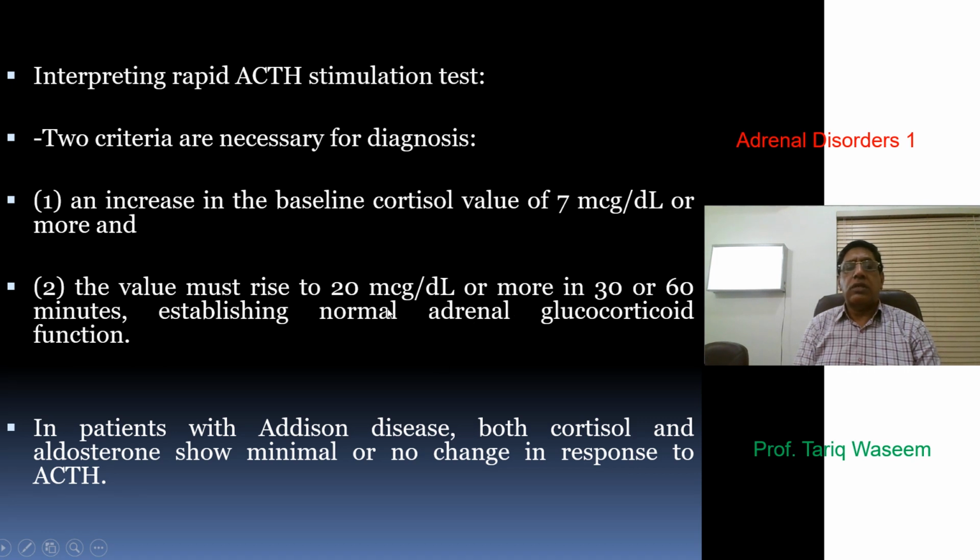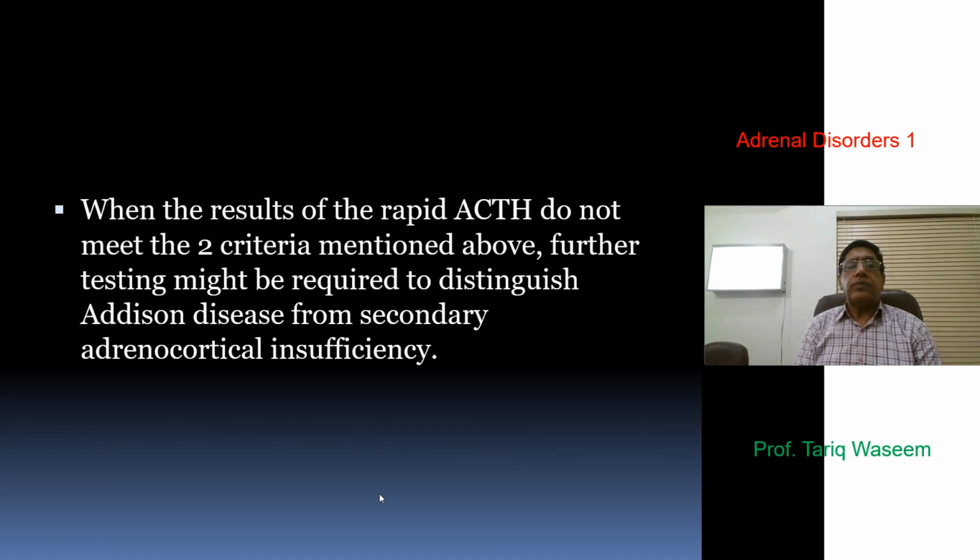So this would suggest normal adrenal cortical function and would exclude the diagnosis of primary hypoadrenism or primary Addison. But those who have Addison disease, their basal cortisol level will be low, and there will be no or minimal change in response to ACTH. So this is the rapid ACTH stimulation test.